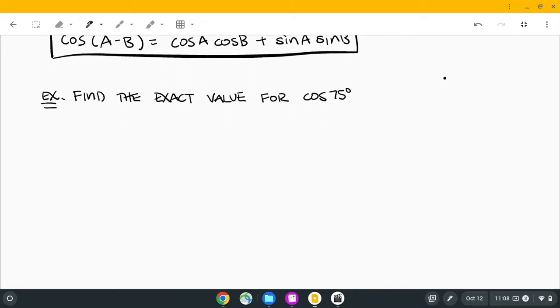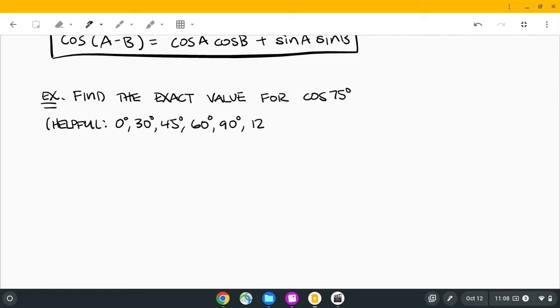It is helpful when you are doing this section to have the angles written out, the ones that you memorized. So we have 0, 30, 45, 60, and 90, and then all of the reference angles as well.